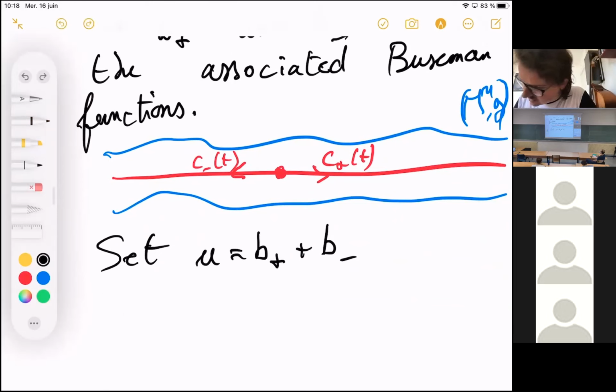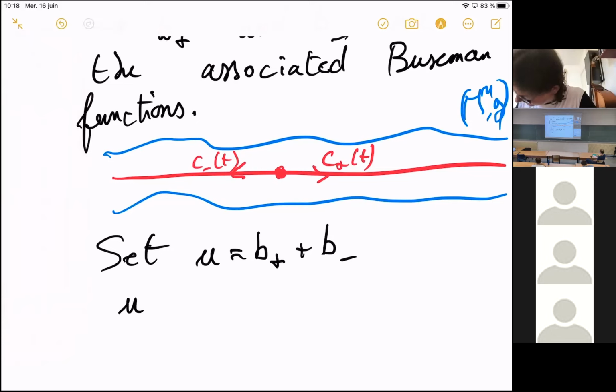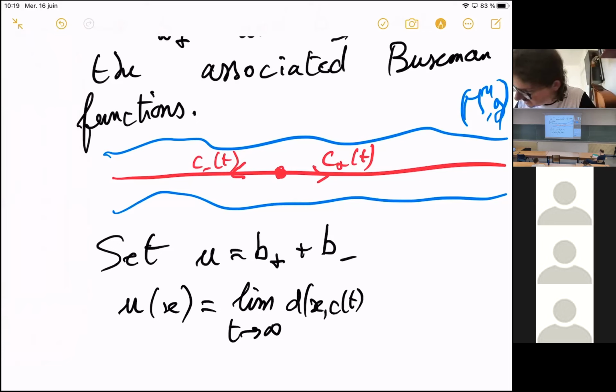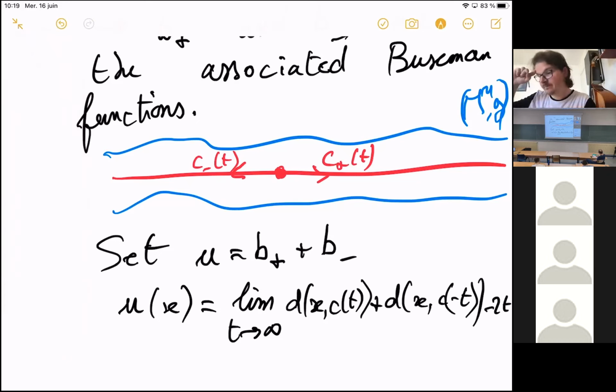So u of x, you can write it as the limit as t goes to infinity of the distance to C of t plus the distance to C of minus t, minus 2t.